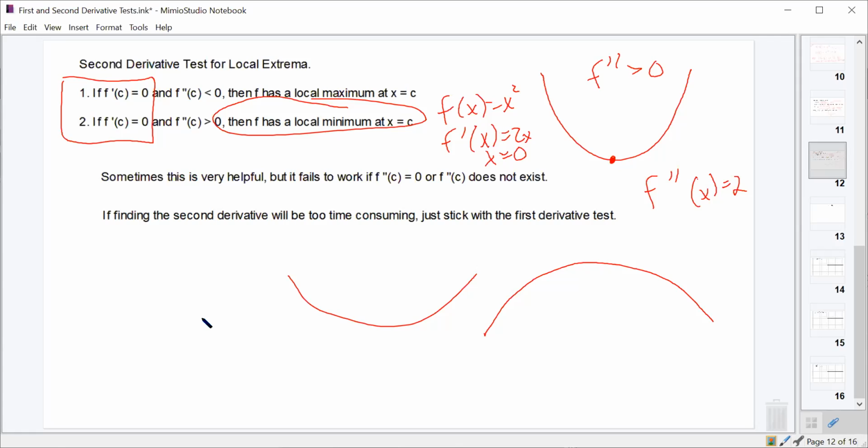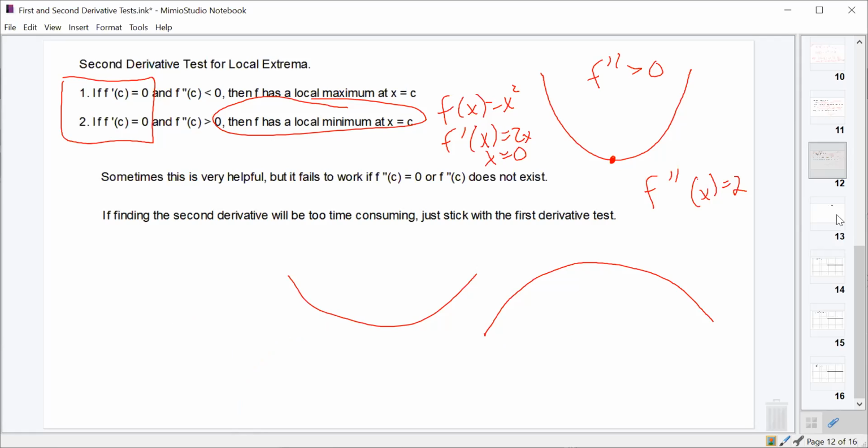Right, so I could have a function that was concave down on both sides, coming to a cusp, right? And I have a minimum there, right? But I can't do that in a place where the derivative is 0. This is a place where the derivative is undefined. Does that make sense? Yes. Wonderful.